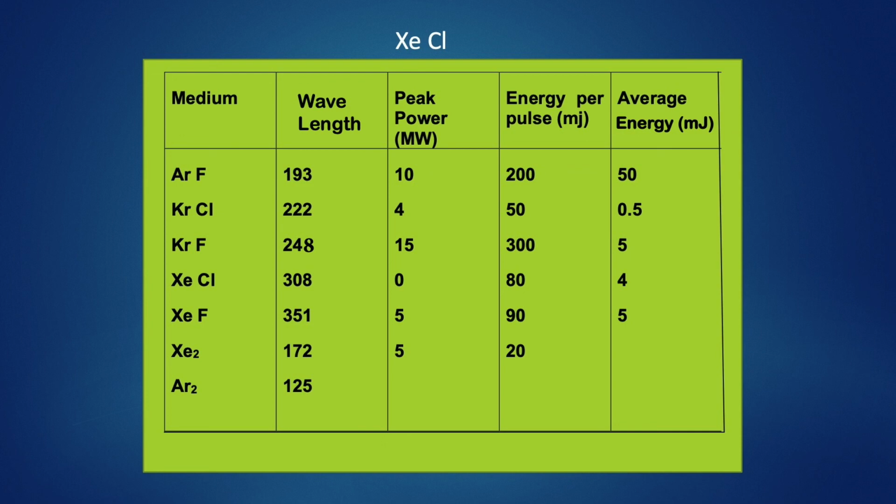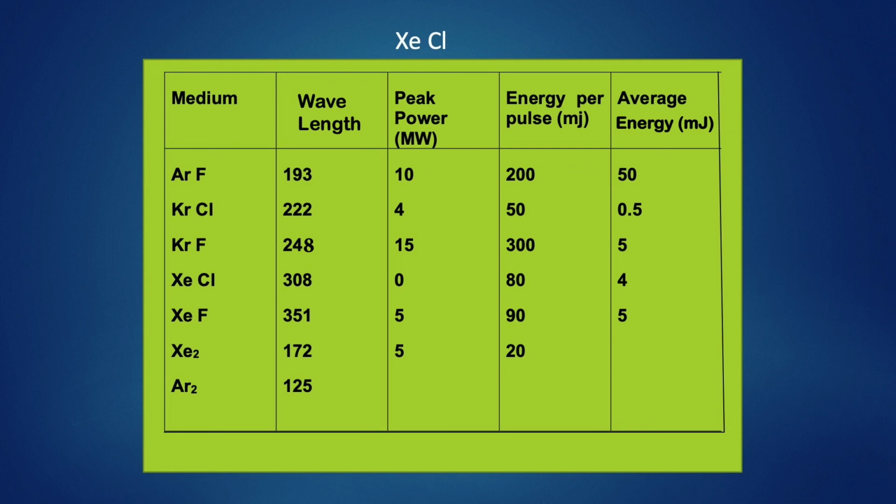That means the energy per pulse will be just a few millijoule. All these excimer or exciplex lasers can work at very high speed, and you can have 20 pulses per second or even more. So, the average energy will be about 50 millijoule.